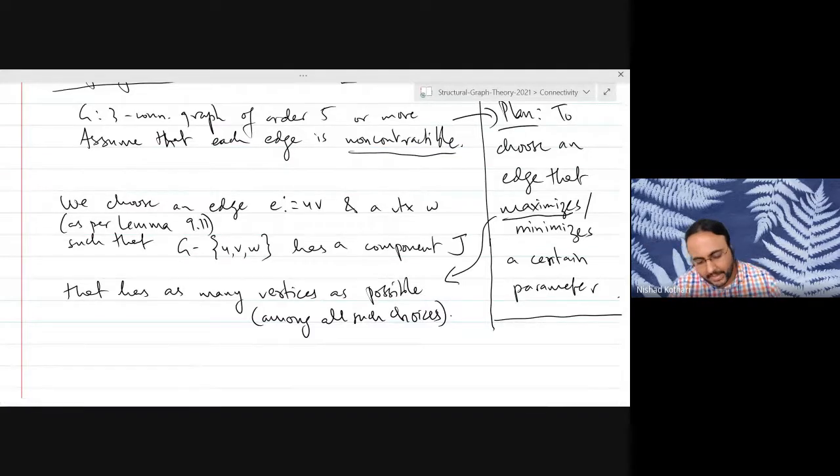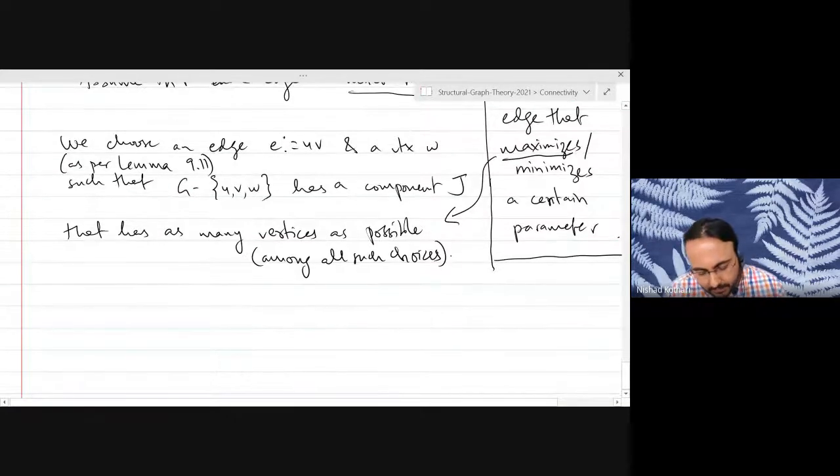My claim is that, depends on how you think about it, now we want to get a contradiction to this choice.